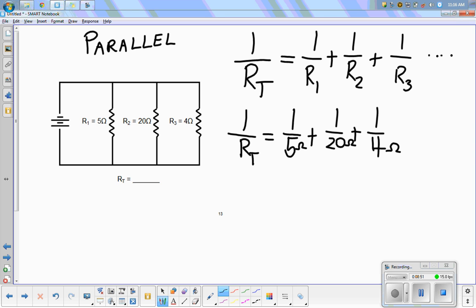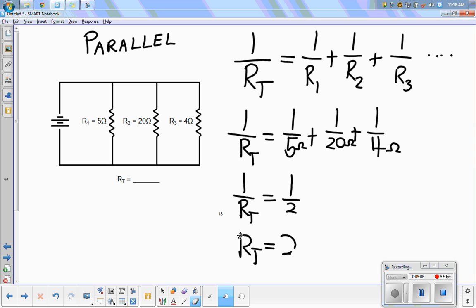All right, for my final result, we've got 1 divided by RT equals about 1/2, or total resistance equals 2, oops, not current, this should be 2 ohms.